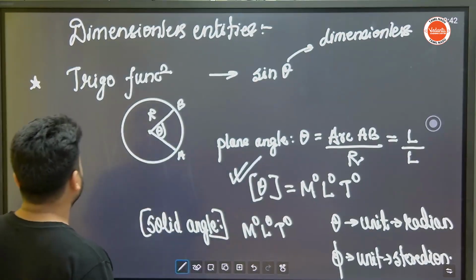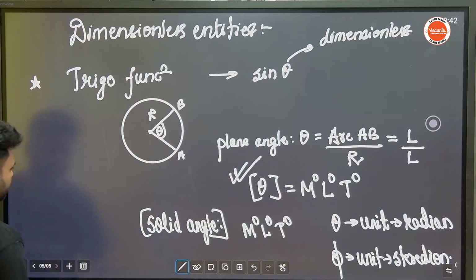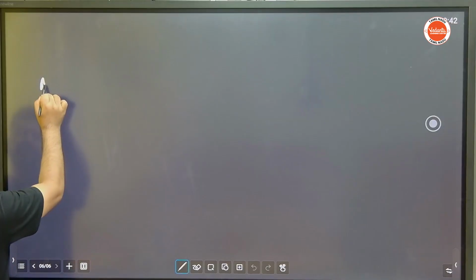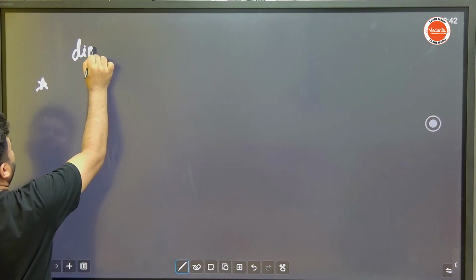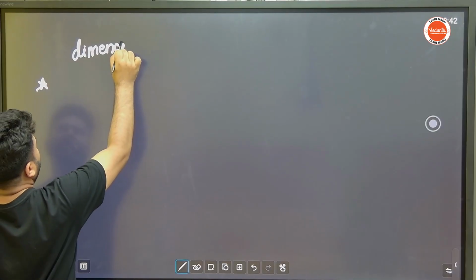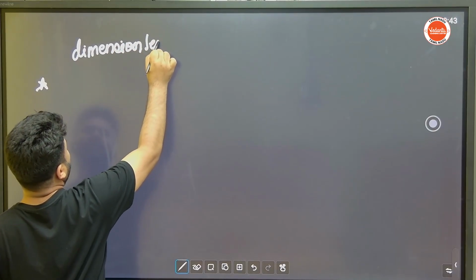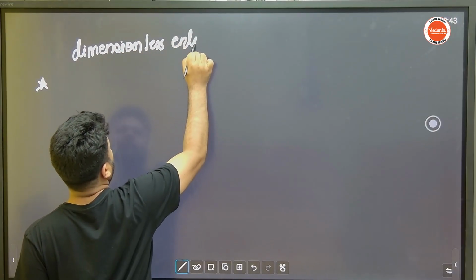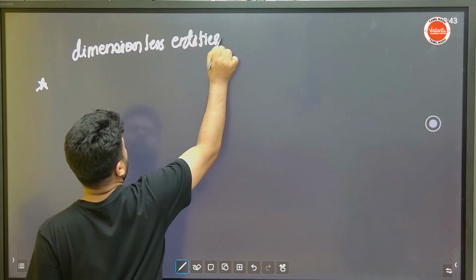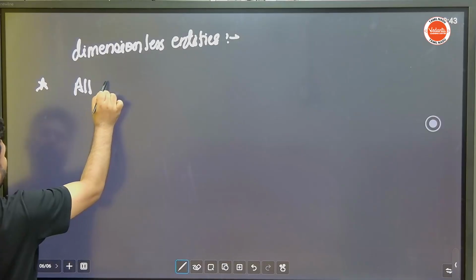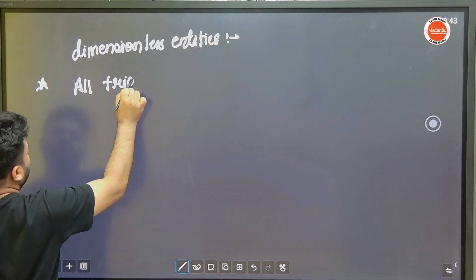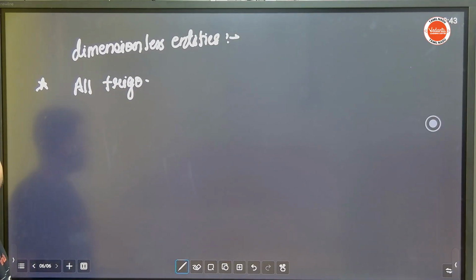So I was saying, which quantities are dimensionless? I was talking about dimensionless entities. So what I told is that all trigonometric functions are dimensionless.